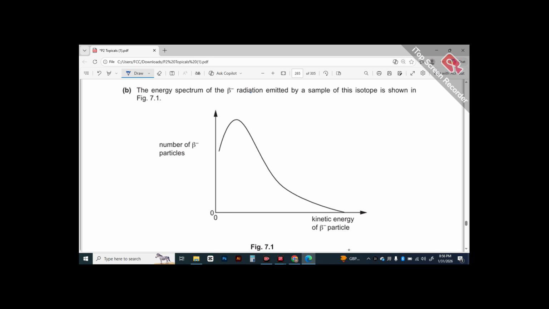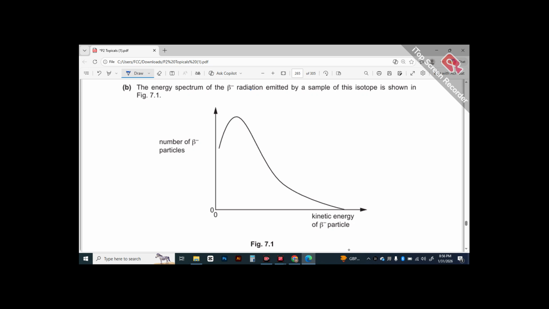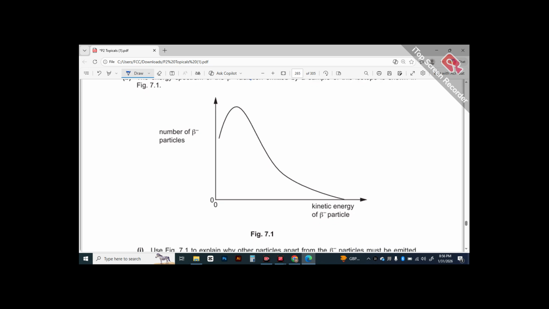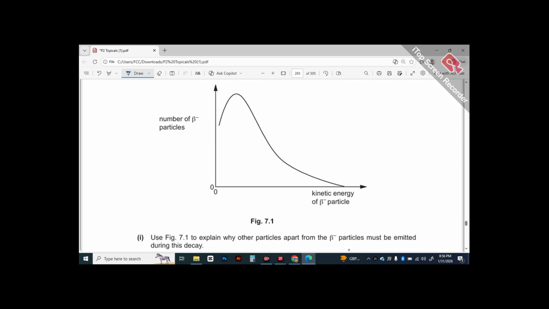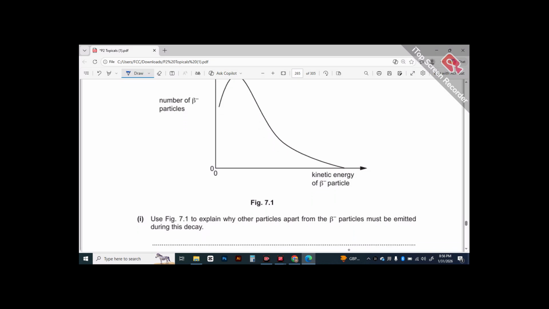Then the energy spectrum of beta negative radiation emitted by a sample of this isotope of copper is shown in this figure. It is very obvious from the figure that the energy range for beta particles is continuous. That is something we have already agreed upon.